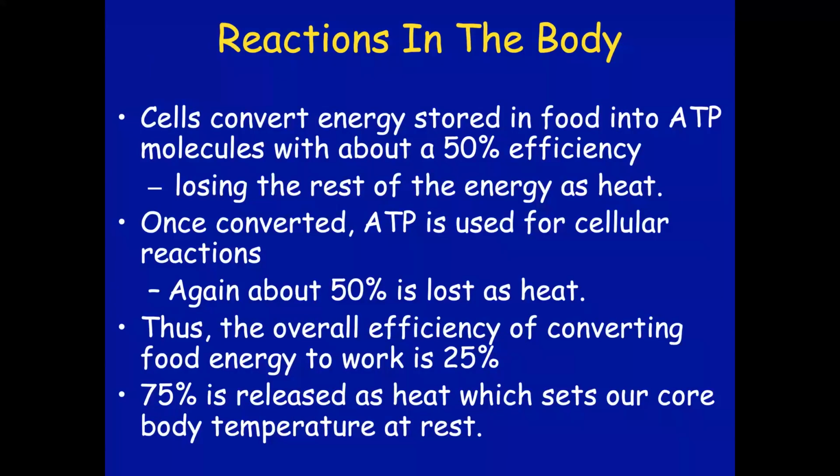Again, about 50% is lost as heat. So the overall efficiency of converting the food that you eat into work that your cells need to do is about 25%. The rest, that 75% that remains, is released as heat, which is going to be super important for maintaining our core body temperature when we're at rest.